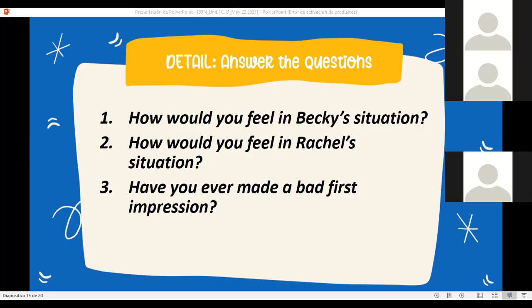Lo que genera una mala impresión de la otra persona. Especially when you are meeting these people or person for the first time. ¿Sí? Si no se tiene una buena primera impresión, pues a veces mucha gente no está dispuesta a dar una segunda oportunidad de conocer a otra persona, ¿verdad?